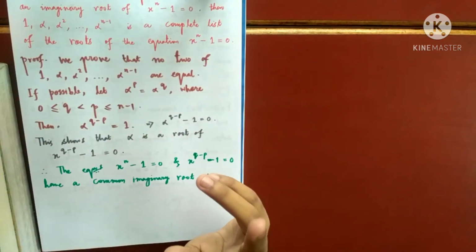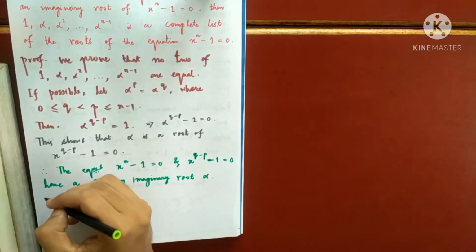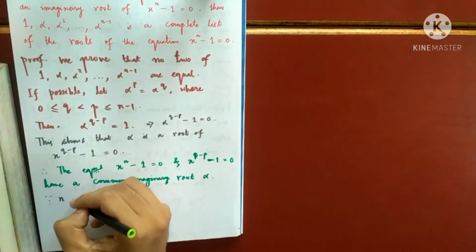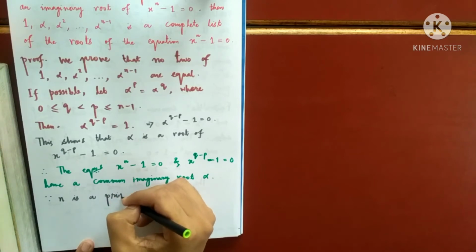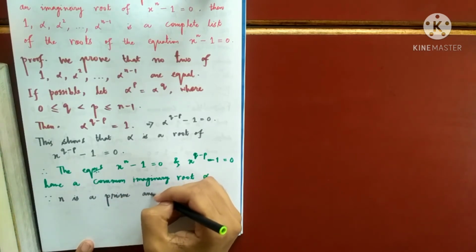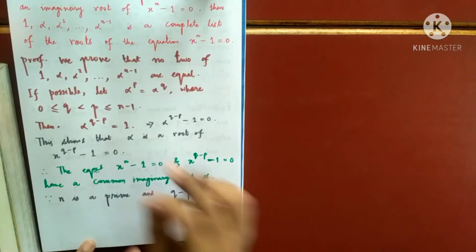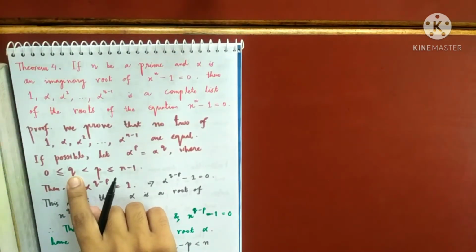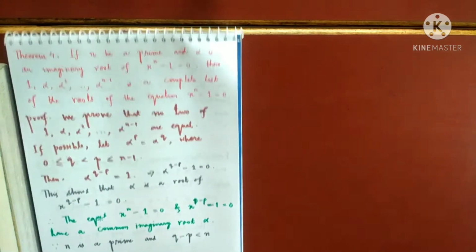I'll use the fact that n is prime. So this fact will be used now. Since n is a prime and q minus p is less than n. That is very much clear from here. If I do q minus p, this will be less than or equal to n minus 1, which is less than n.